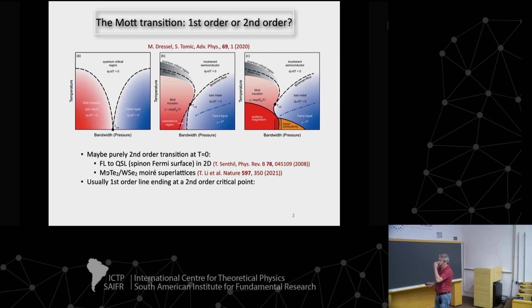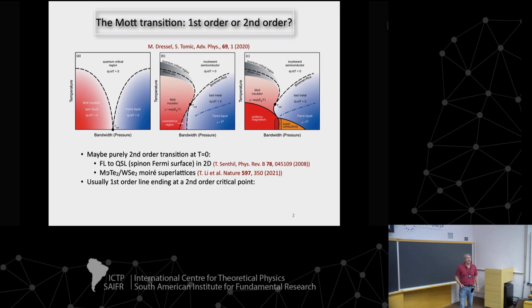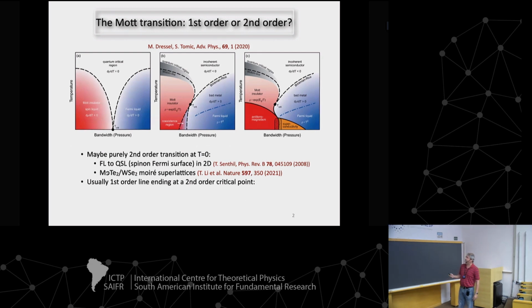But I think generically, we can say that it's usually a first-order transition at zero temperature, with the first-order line ending at a second-order critical point at finite temperature. And of course, at lower temperatures, there are several instabilities that might occur, and they compete with each other, and things may be complicated. But the physics up here is rather simple: the first-order line ending at a second-order point.